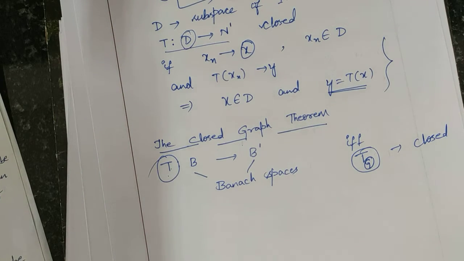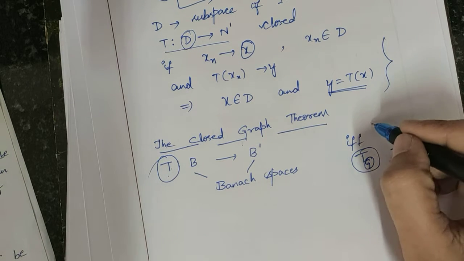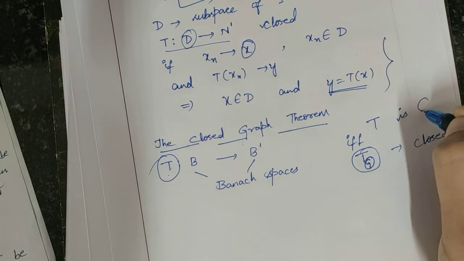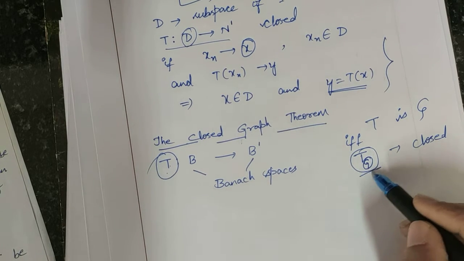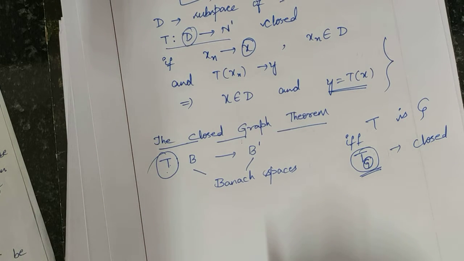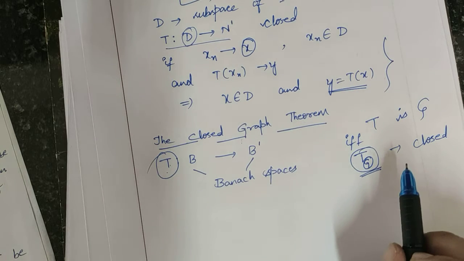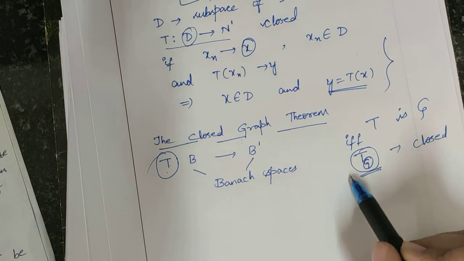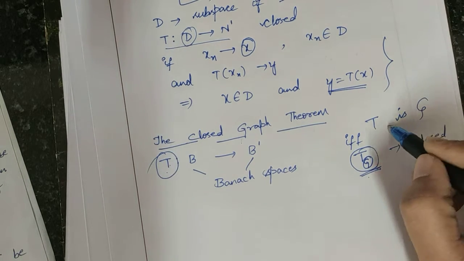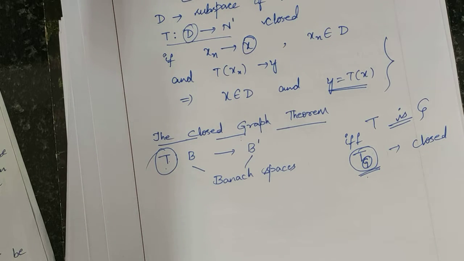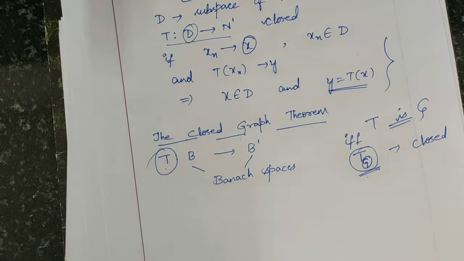We have two parts to prove here. One is the direct part. In the direct part, I will consider T is continuous and I will prove that TG is closed. In the reverse part, that is conversely, I have to prove that if TG is closed, then T is continuous. Okay, so let's prove the direct part first.